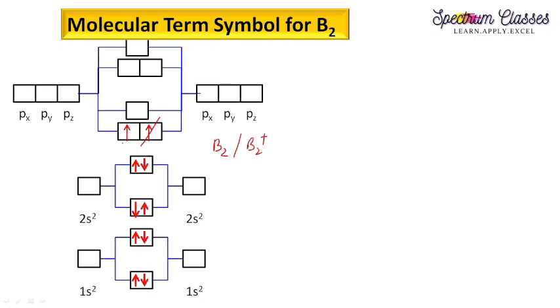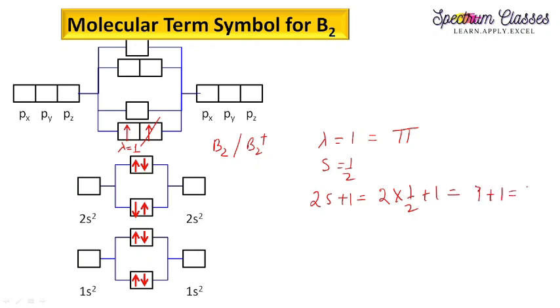And if we have only one electron, then lambda is equal to 1, and it gives me the pi symbol for this orbital. Its spin is S equal to 1 by 2. So 2S plus 1 is equal to 2 into 1 by 2 plus 1, which gives 1 plus 1 equal to 2.